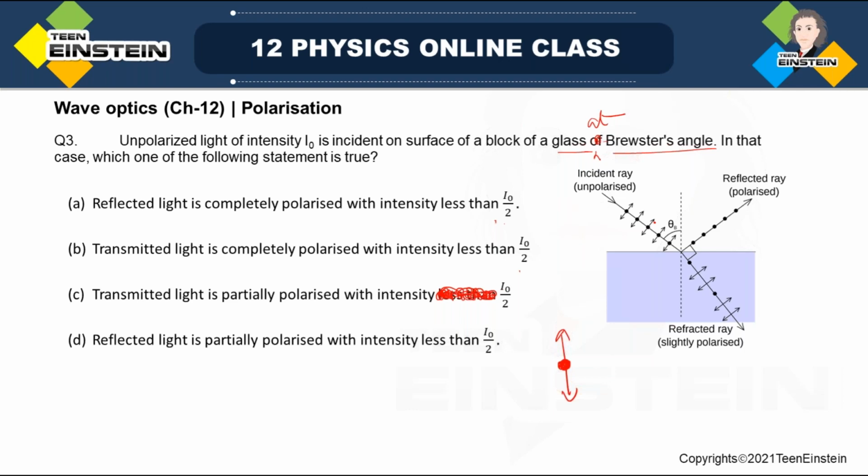So when the unpolarized light is incident on the surface of a glass, here suppose this is glass, so this is the interface between air and glass.